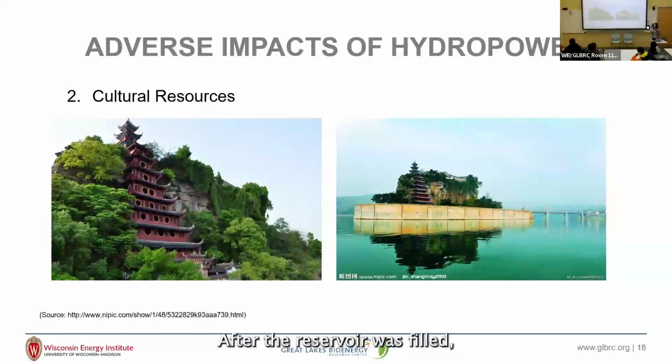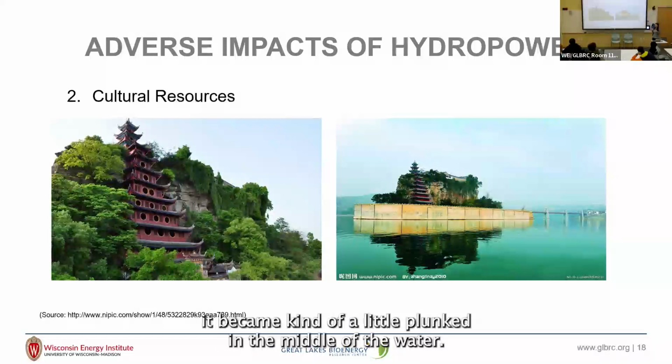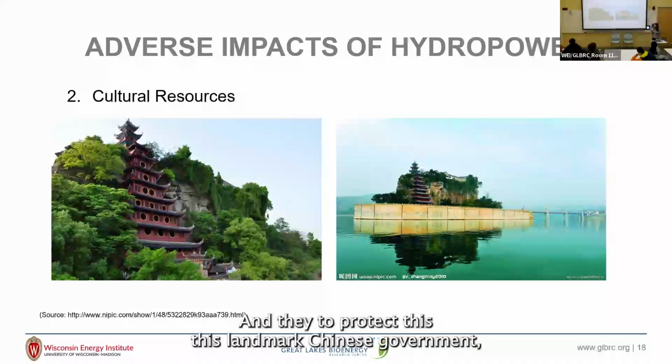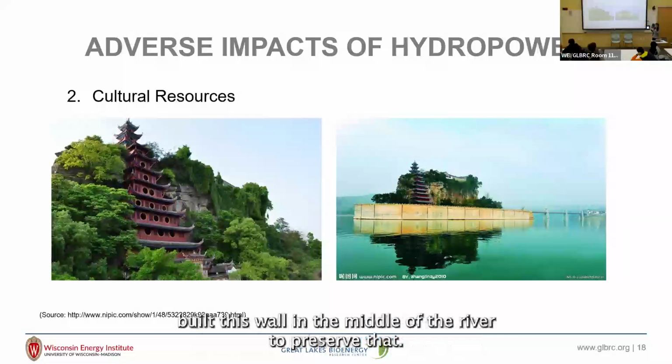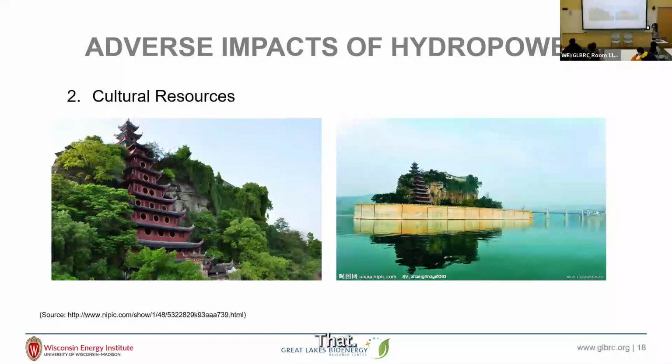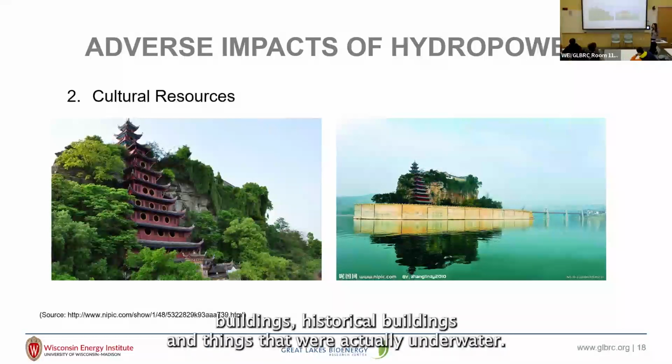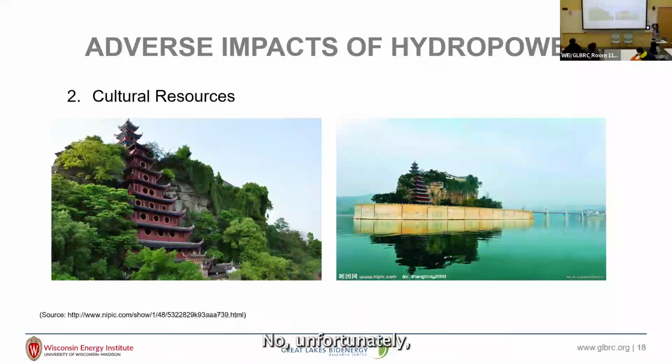After the reservoir was filled, it became kind of a little plant in the middle of the water. To protect this landmark, the Chinese government built a wall in the middle of the river to preserve that piece of history. But there are a lot of buildings, historical buildings and other things, that are underwater now, unfortunately.